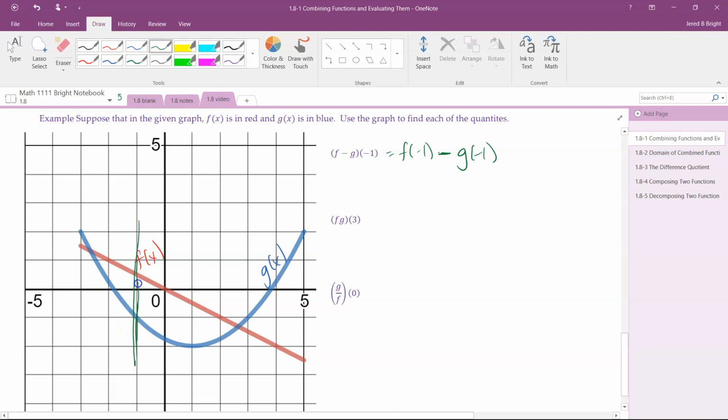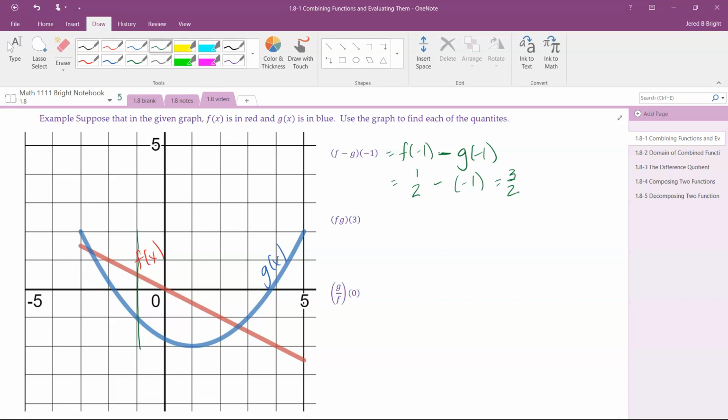There we go. So f(-1), that looks to be about positive 1/2, I'm estimating here. And then g(-1), I get -1. So then I get 3 over 2.